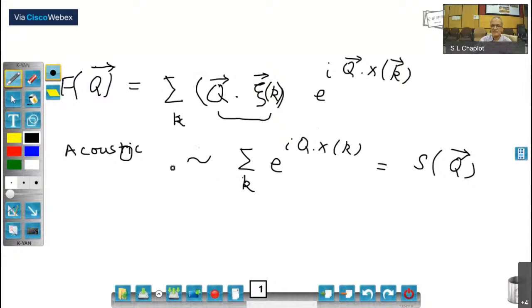Okay, so for acoustic modes, we get the similar dependence as a function of capital Q for, sorry, I should say G here. Okay. This needs to be corrected a little bit.